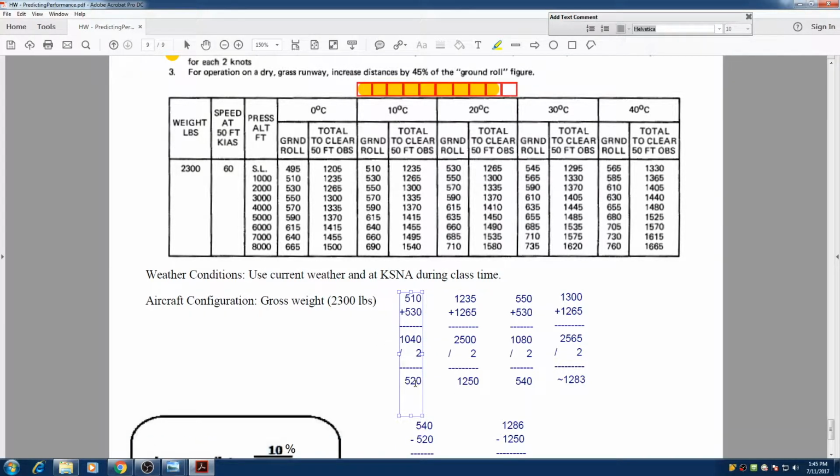It's going to be 520, and we're going to find the same value for the total to clear a 50-foot obstacle. Between 530 and 550, it's going to be 540, and between 1265 and 1300, it's going to be roughly 1283.